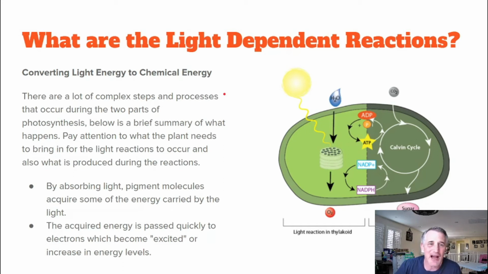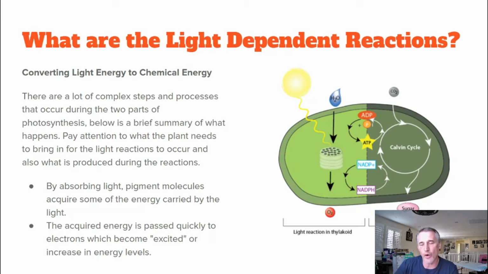There are lots of complex steps and processes occurring during the two parts of photosynthesis. So we're going to look at a quick summary and pay attention to what the plant is bringing in to cause the reactions to occur, and then what's being produced. The first thing that's happening is we have light, right? By absorbing light, pigments called chlorophyll acquire some of the energy carried by the light.